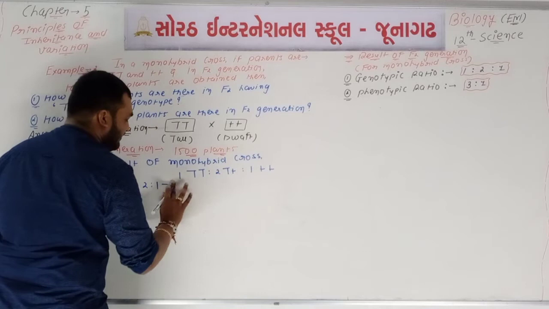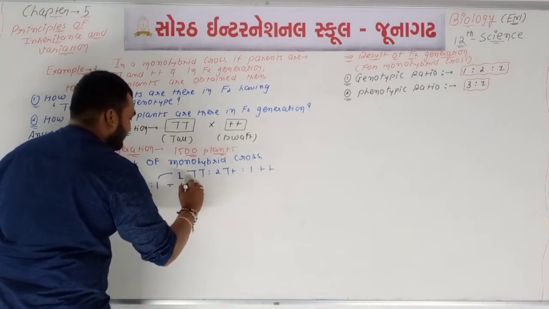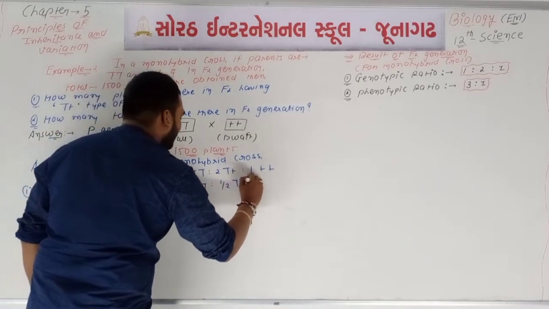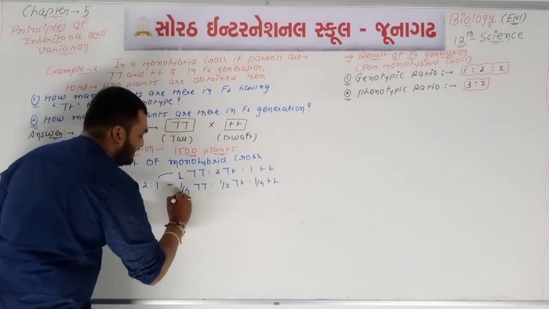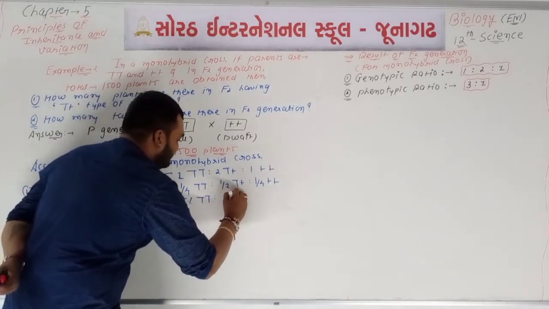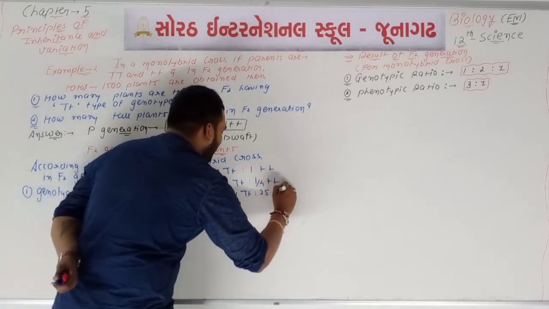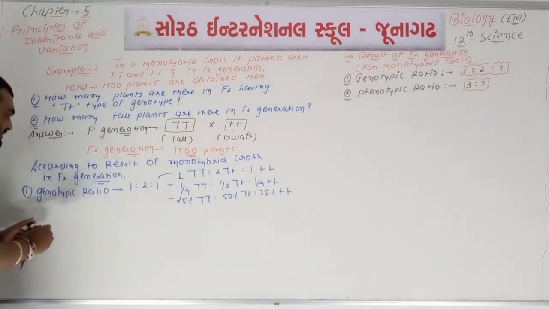It is equal to 1 by 4 capital T is to 1 by 2 capital T small t is to 1 by 4 small t, which is 25% capital T is to 50% capital T small t is to 25% small t. So it's all about the genotypic ratio.